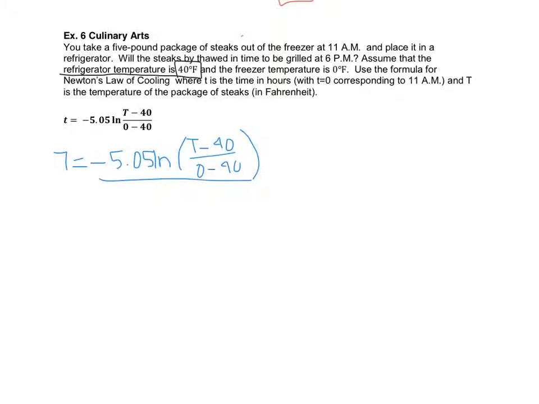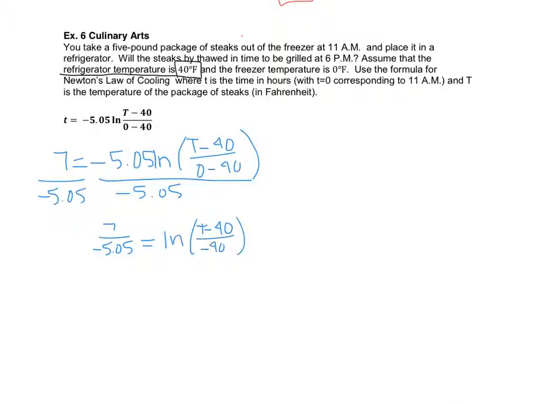So first thing I'm going to do is divide out negative 5.05. And I'm just going to leave it like that because that's a very long decimal. So 7 divided by negative 5.05, and I want to make sure I have it as exact as possible, equals ln of T minus 40 divided by, now 0 minus 40 is just negative 40, so I'm going to write that on the bottom.